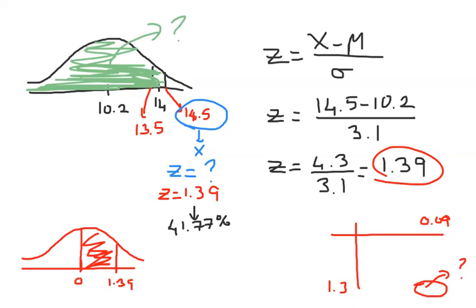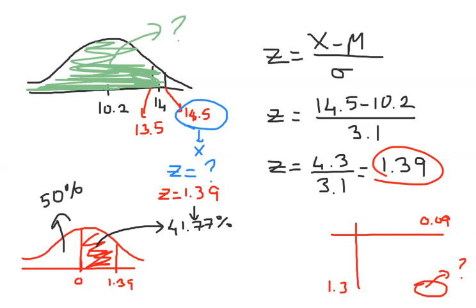But we are looking for 14 and less. Actually, I can go back. Okay, this part is 41.77%. And we know that half of the normal curve is also 50%.